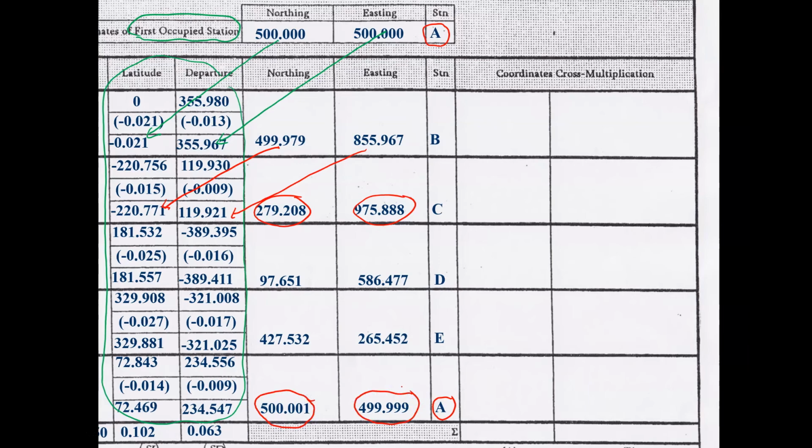The arithmetic check. We have 1 millimeter there. So we got 1 millimeter extra, and looking at the easting, we have 499.999. That means we are 1 millimeter less. So 1 extra and 1 less.